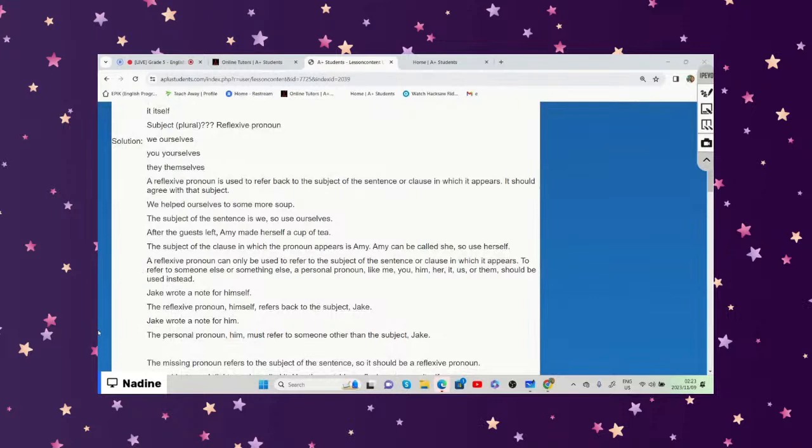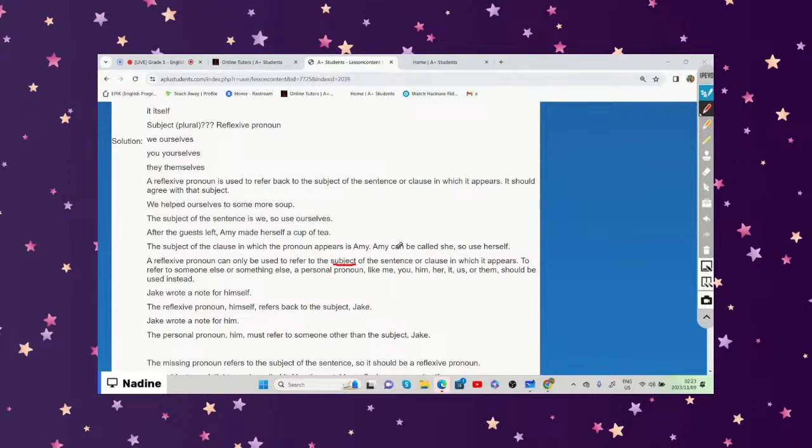All right, if we look at this one, it says a reflexive pronoun can only be used to refer to the subject of the sentence or clause in which it appears.